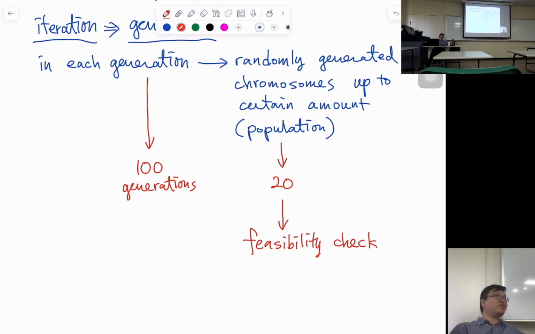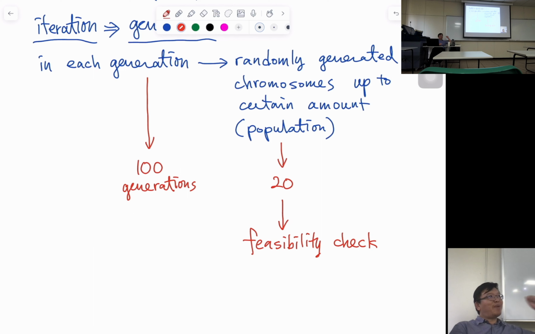I have seen papers where, when they have infeasible points, they still keep them, because sometimes the infeasible chromosome may have some good genes inside. So what they probably do is so-called penalize that chromosome.